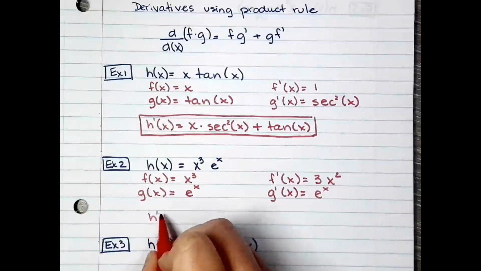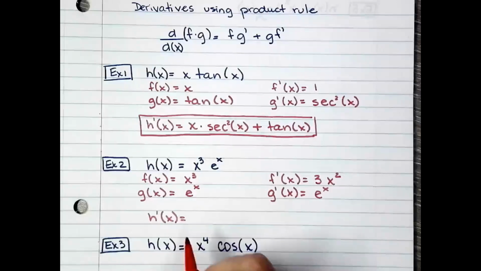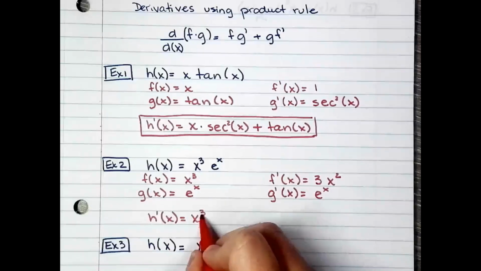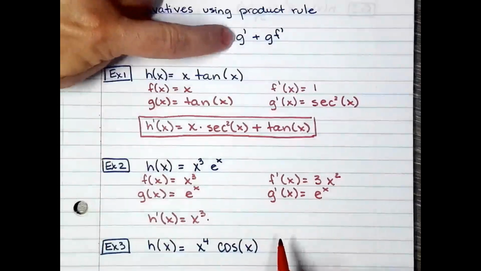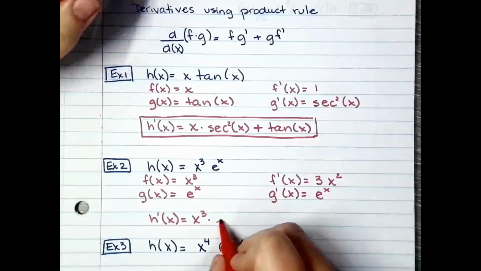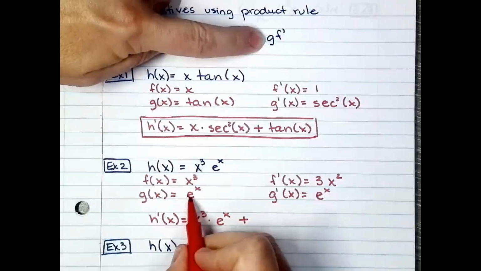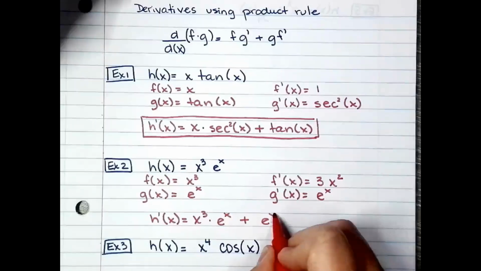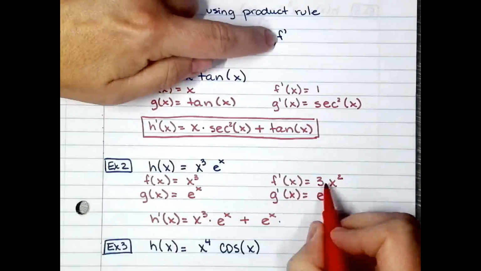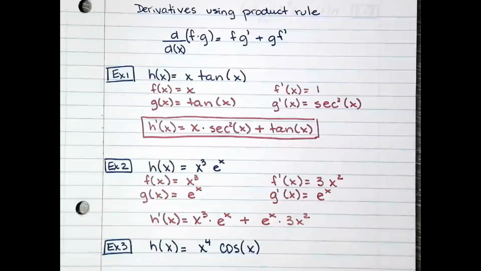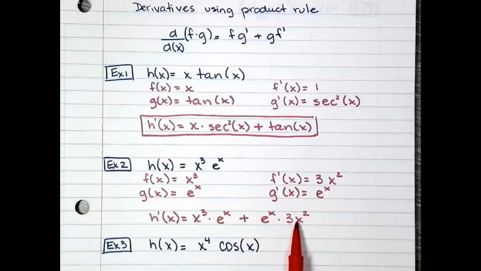Okay. H prime is f, so x cubed, times g prime, it's right there, plus g times f prime right there. I'm just going to rewrite this because I don't like the 3 in the back.